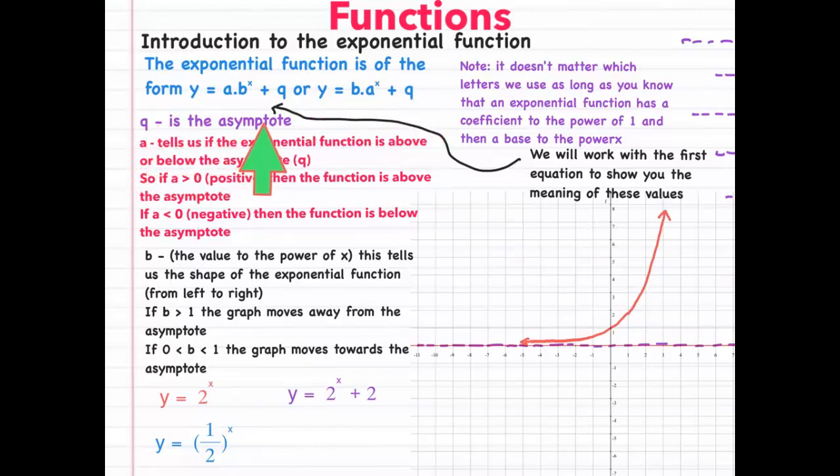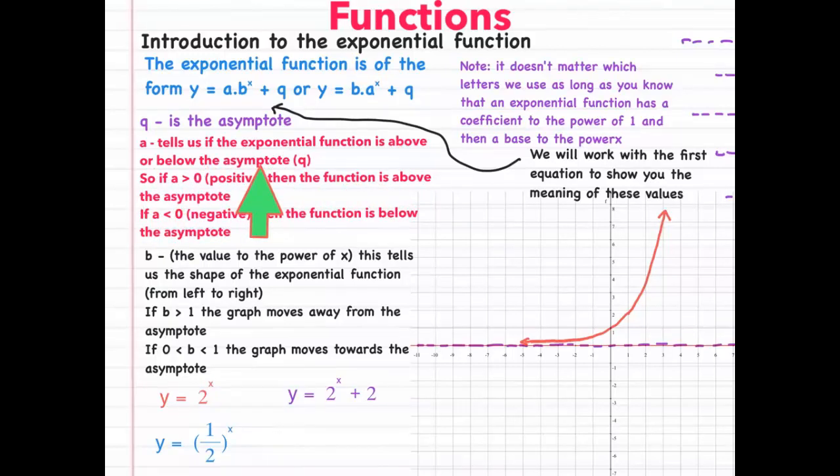Q is the asymptote. Just like with our hyperbolas, we know that the q is the asymptote, so it is a line which our exponential function cannot cross. That a, which is the number coefficient, please know that I'm talking about the number coefficient. In that function it's actually the b. The a tells us if the exponential function is above or below the asymptote.